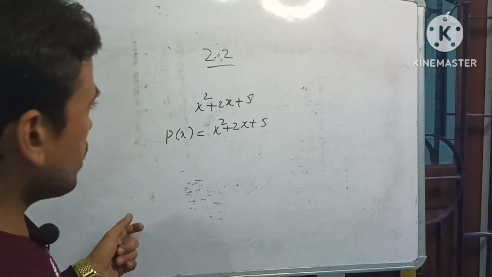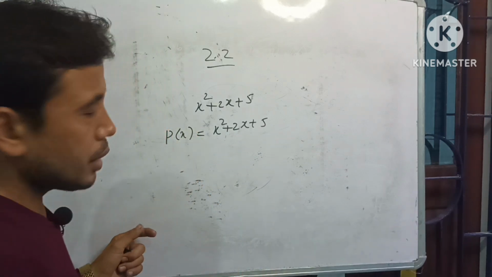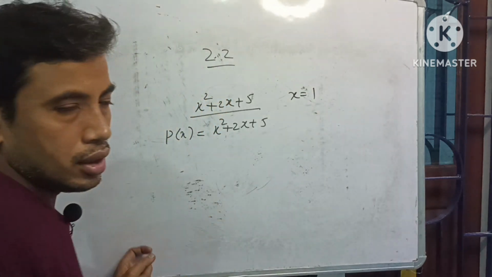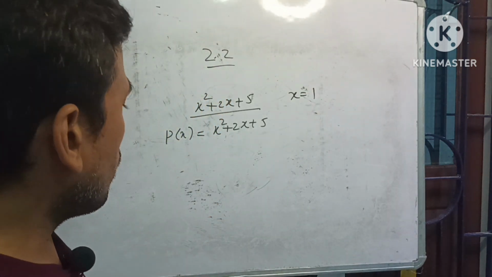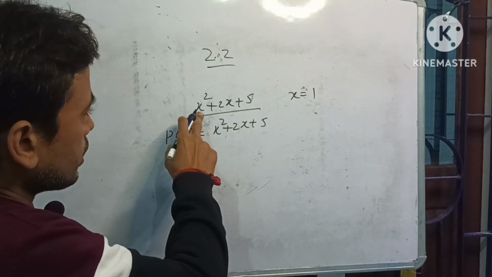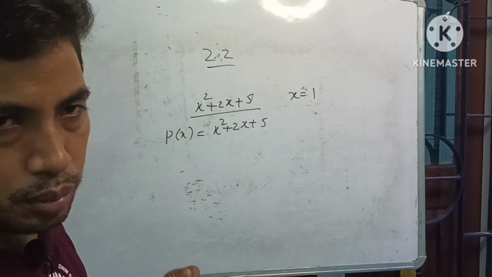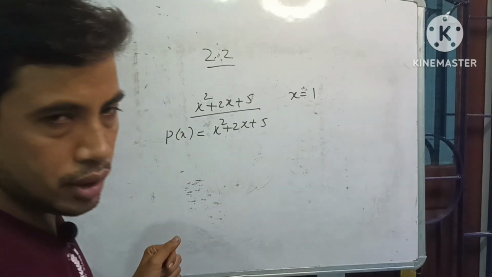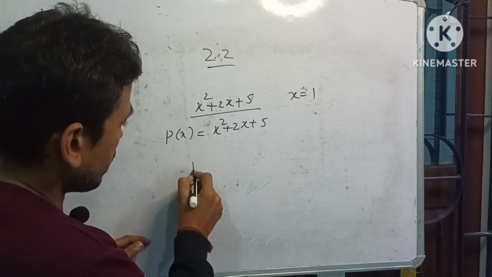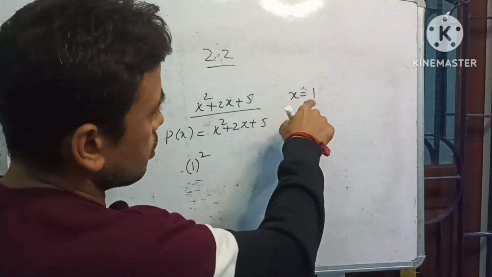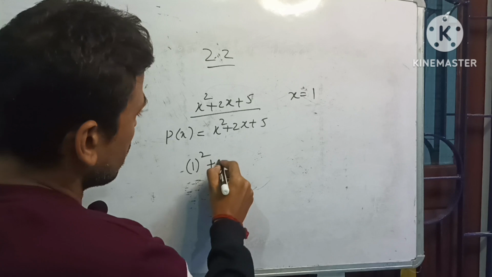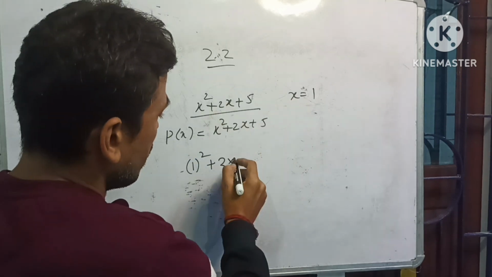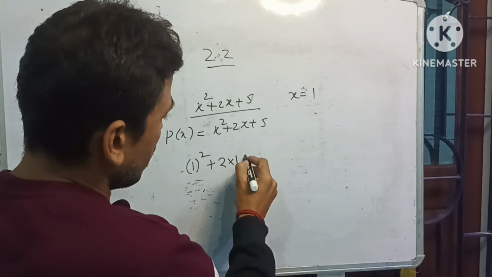So first, suppose we need the value of this polynomial if x is equal to 1. So what do we do? We replace x here by 1. That means for x squared we write 1 squared, because x is equal to 1. Then 2x means 2 into x, so we put 2 into 1, plus 5.